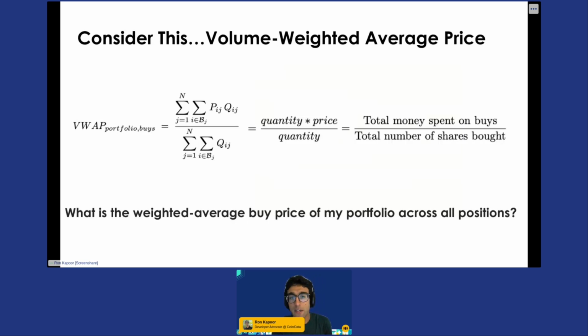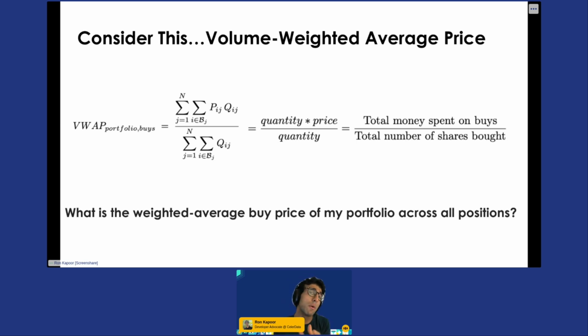Now, for the next feature, I'd like to set the problem up first. So for the sake of example, let's consider this. On the left-hand side, I have a very mathematical definition, but it gets simpler as I go right. Let's consider VWAP for a portfolio, or volume weighted average price for just the buys on a portfolio.